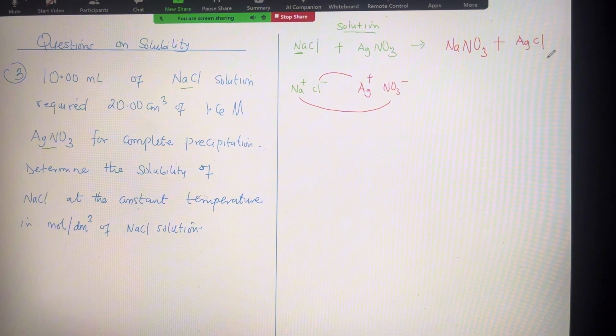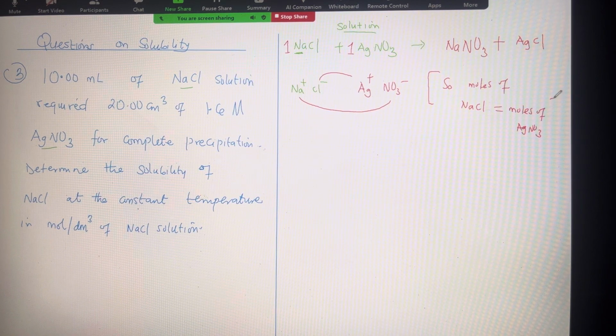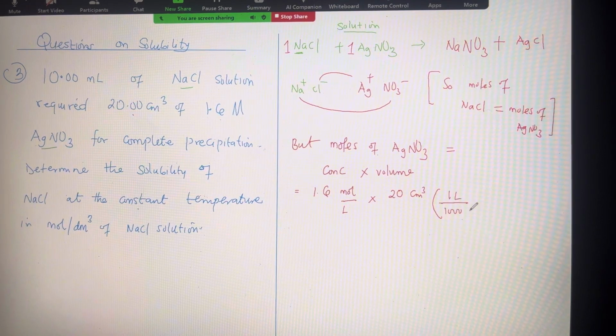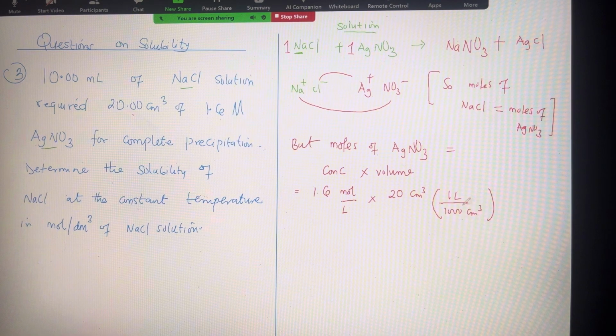Okay, so the main reason of doing all this is so that you can know that 1 mole of NaCl reacts with 1 mole of silver nitrate. So that means that the moles of silver nitrate is the same as the moles of sodium chloride. Okay, but the moles of silver nitrate is actually concentration times volume. So we went ahead to do the concentration multiplied by the volume. And then cm³ is the same thing as mL.